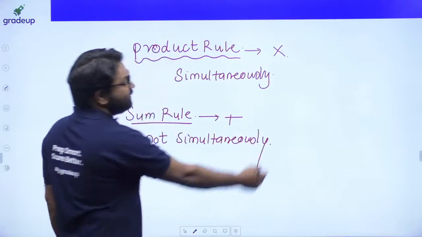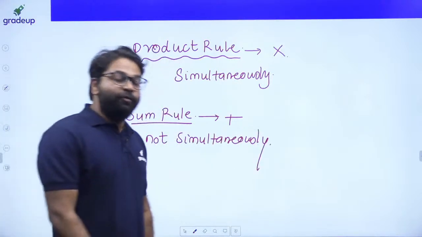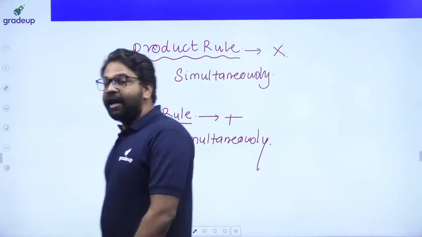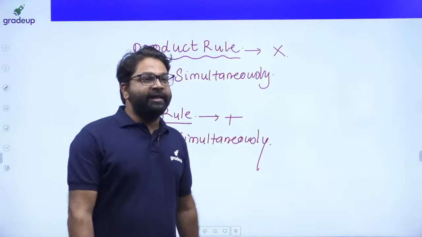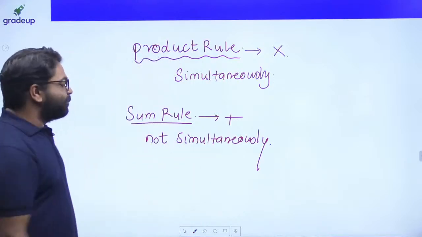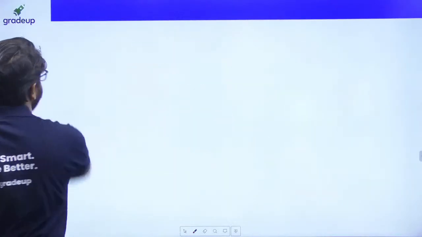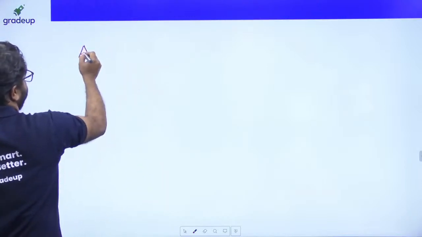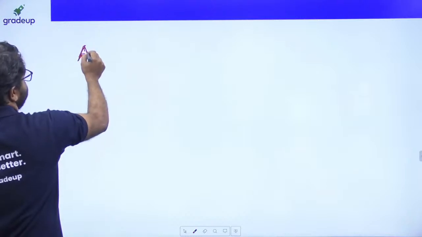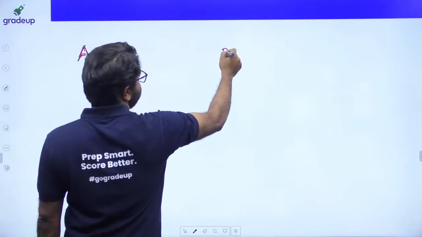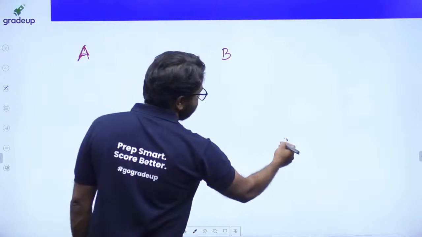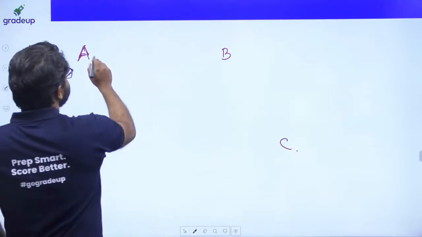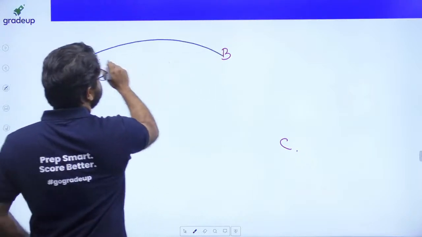Now let me take one particular example where I can clear all the doubts regarding your addition and multiplication, regarding your sum rule and product rule. Let's consider there is a station A, this is one station B, and let's consider there is a station C. Let's consider from A to B there are 5 ways we can go.